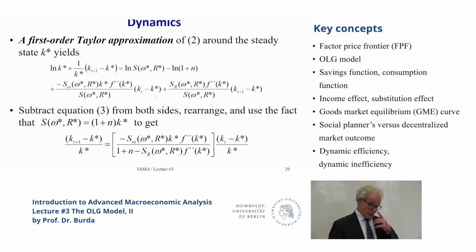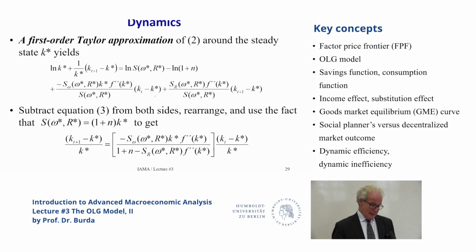First-order Taylor approximation, I'm sure you've seen in your math review class, basically takes advantage of the fact that any function that has a continuous first derivative can be approximated as a linear function of a small change or difference of that function from its steady state value, as a function of the deviation of the variable of interest from its steady state.